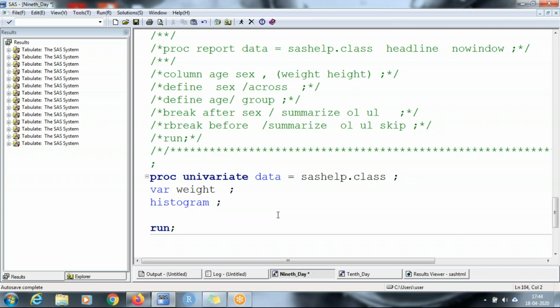Anshu, what is the objective of univariate analysis? Satakshi, can you try? What is the objective of univariate analysis?